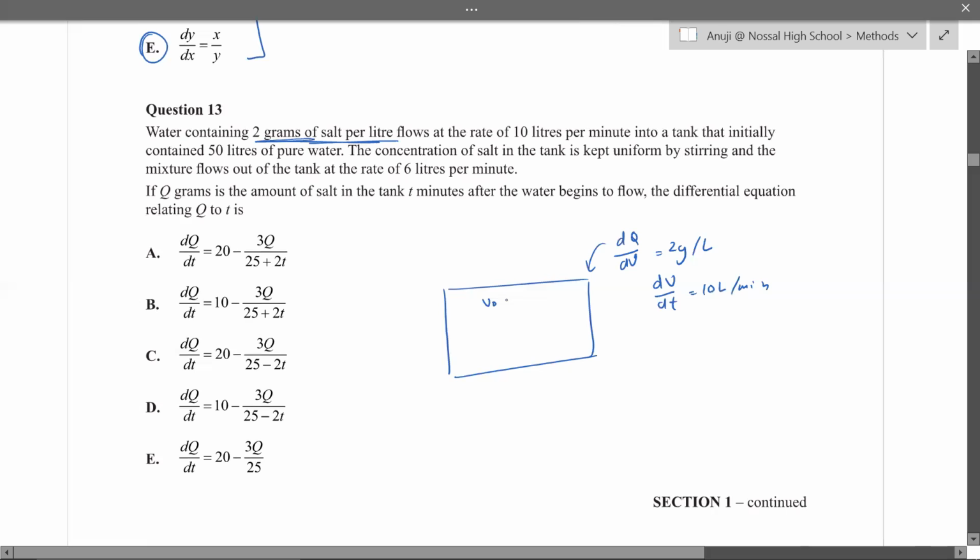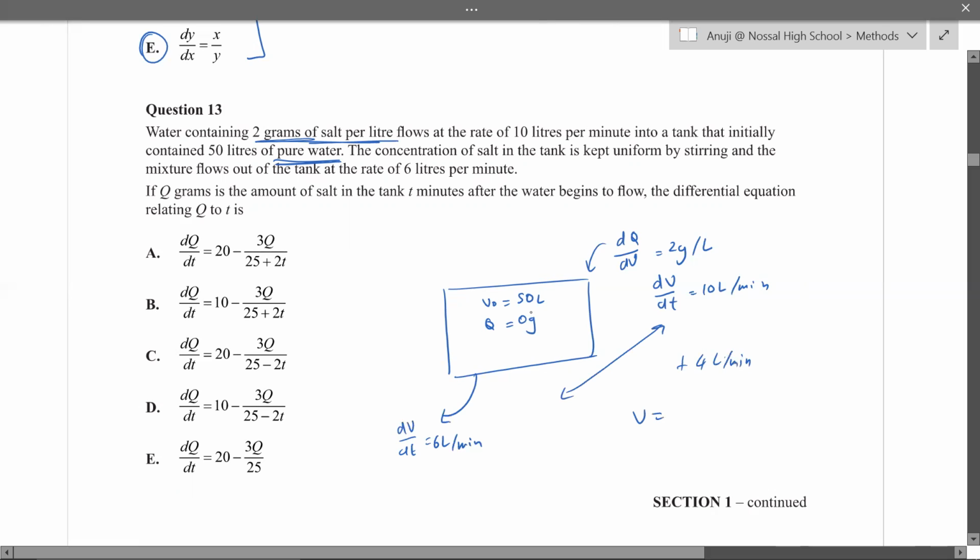Initially there's 50 liters of pure water, so there's no salt, so it's 0 grams. Then it's being stirred, and it's coming out at 6 liters per minute. So the total dV/dt would be plus 4 liters per minute.